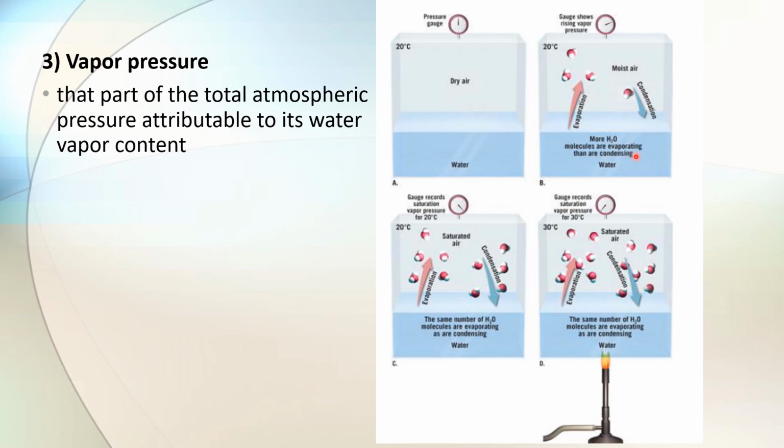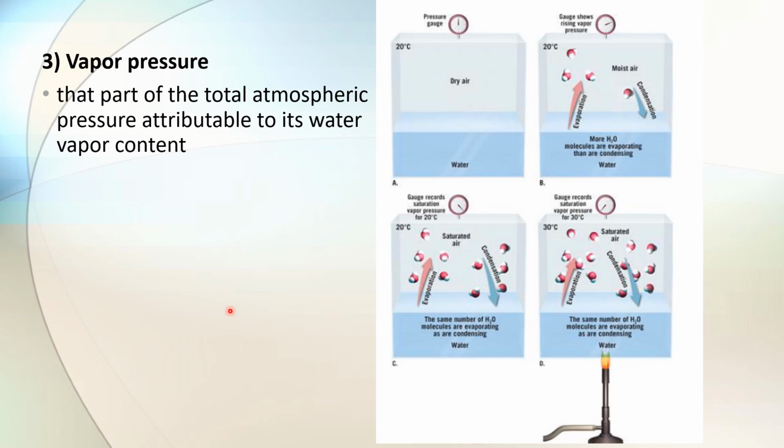So more water molecules are evaporating, and the evaporation generates a measurable amount of vapor pressure. So this is what you call the vapor pressure, that part of the total atmospheric pressure attributable to its water vapor content.